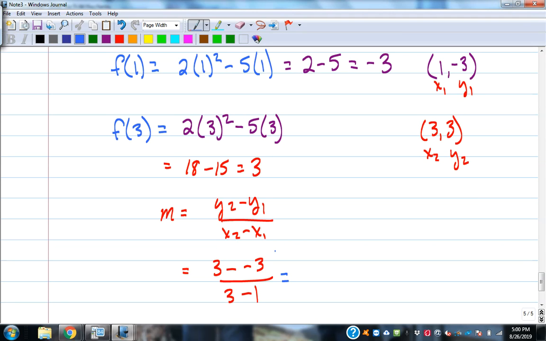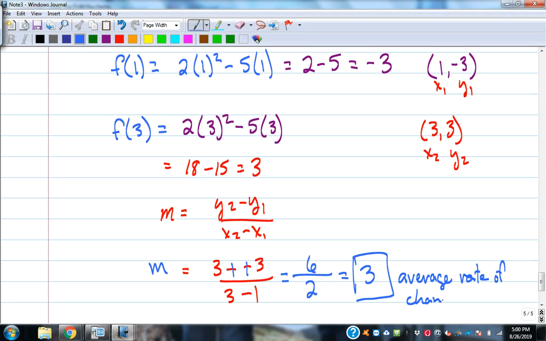Just do that math. 3 minus negative 3, that's a double negative, so it turns to positive, so it's going to be 6. 3 minus 1 is 2. 6 over 2 reduces to 3. 3 is your average rate of change. Once you find the average rate of change, what that tells you is that over the interval from 1 to 3, the slope of a line is 3 across that interval. That's the average slope across that.